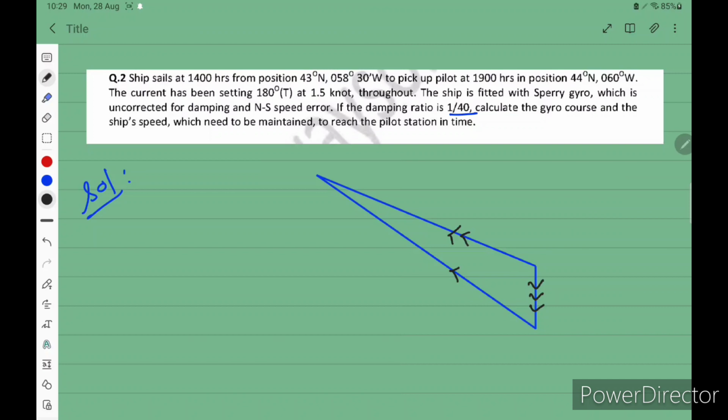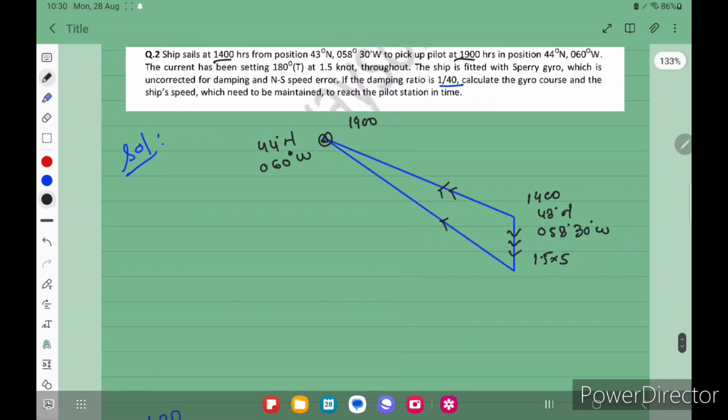This position A is the 1400 position, 43 degrees north, 058 degrees 30 minutes west, and this is our pilot point, the 1900 hours position, 44 degrees north, 060 degrees west. We have the course made good and the current counteracting it, so we apply the current on the initial position and we get the CTS. The rate is 1.5, and from 1400 to 1900 is 5 hours, so multiplied by 5. This diagram we have to make.